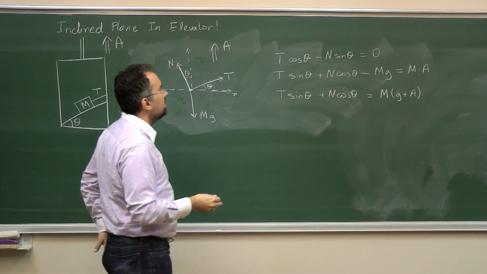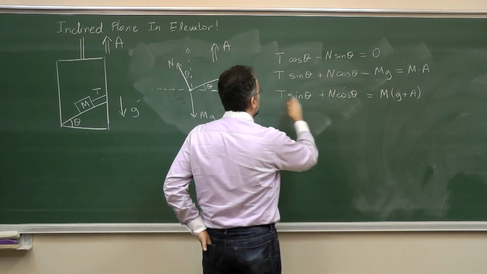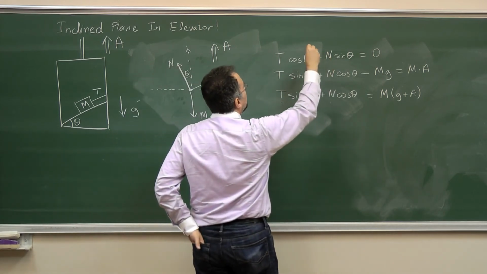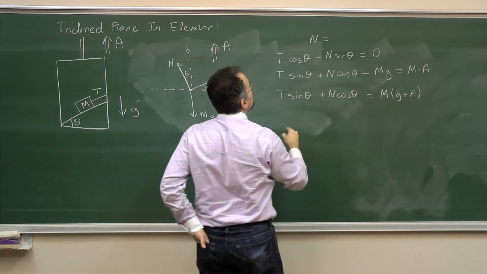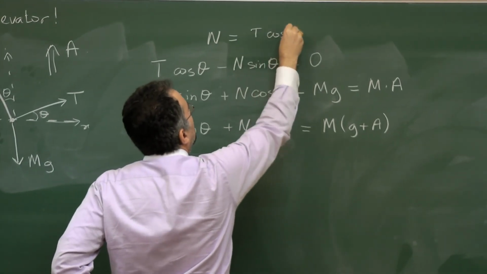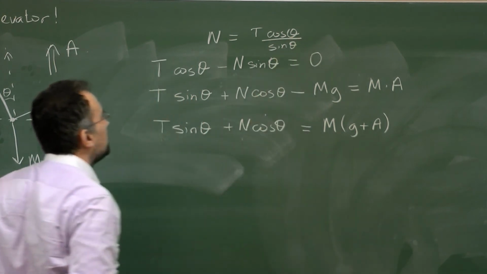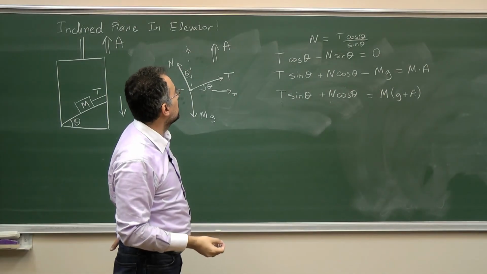Now, I need to eliminate N from this equation because I'm interested in T. So from the first equation, I can find that N equals T cos theta over sine theta. Is that right? N equals, yes, T cos theta over sine theta.